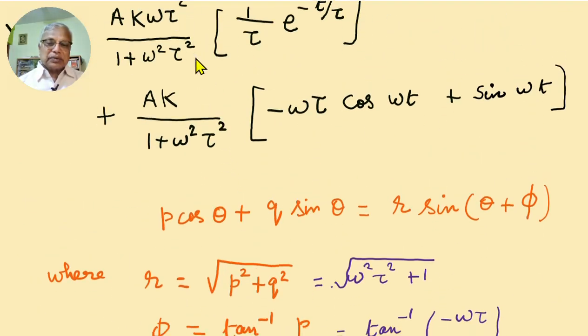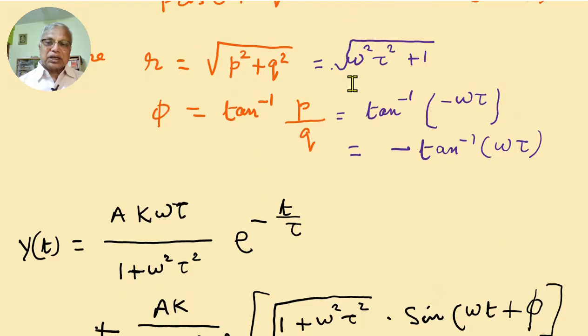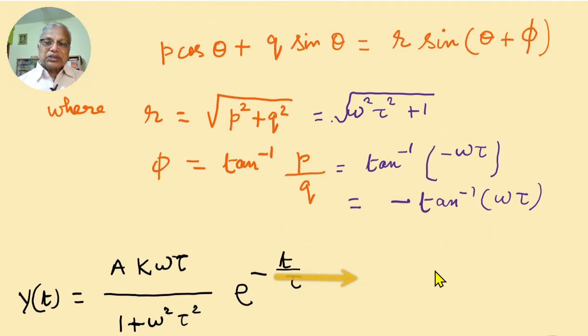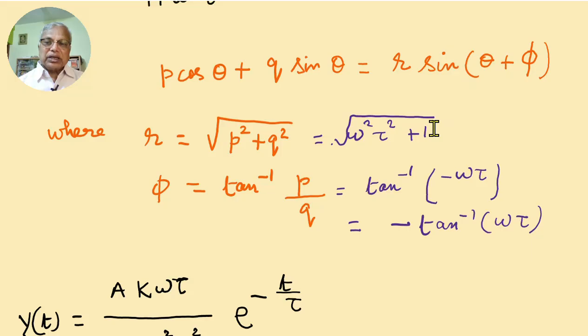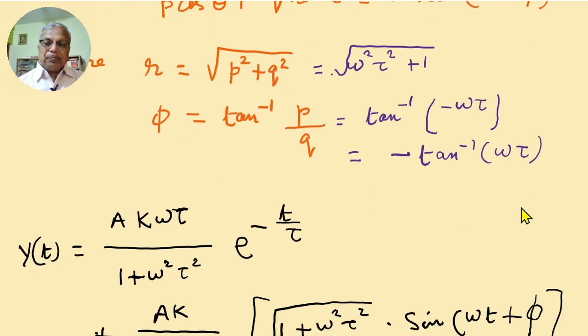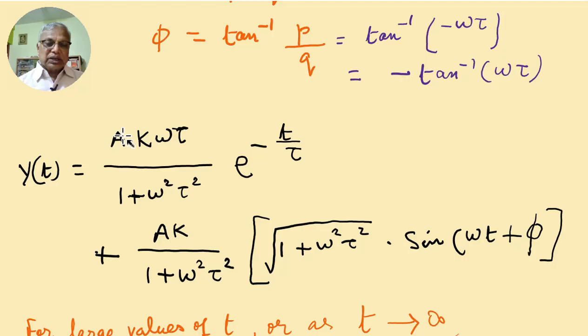Second and third term, I retain the constants ak by 1 plus omega square tau square, then this is r into sine omega t plus phi. Theta is omega t. So the previous equation simplifies to this, y at t equal to this.